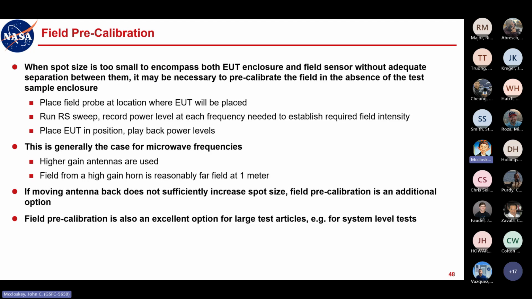So you would place your electric field sensors or a receive antenna in the location where your EUT would go, and then basically run a scan as though your probes or your receive antenna are your EUT. Just run a scan and then determine the power levels that are needed to establish the desired field at each frequency. Then you put your EUT in place and then just play back those power levels.